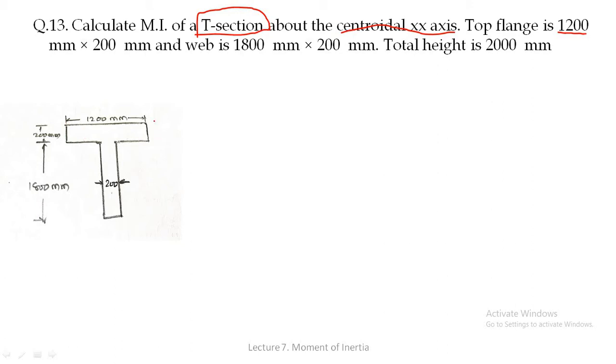The upper portion of the T is called the flange and the vertical portion of the T section is called the web. When it is given 1200 mm into 200 mm for the flange, 1200 indicates its length or breadth and 200 mm indicates its height or depth.